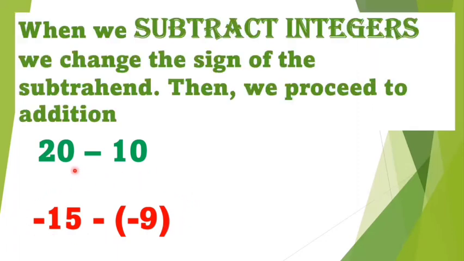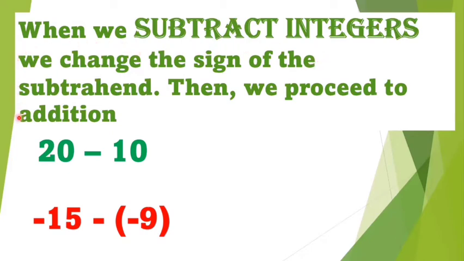Kailangan syempre natin ng rules ng subtraction of integers para mas mapadali ang ating pagsusolve. We don't need to plot, but at least nalaman nyo yung basic. So now let us have the rules of subtracting integers.